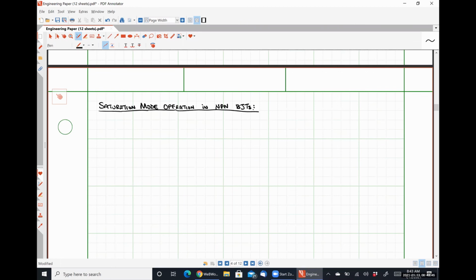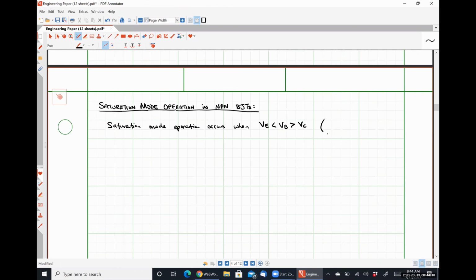So saturation mode operation occurs when VE is less than VB, but VB is greater than VC.